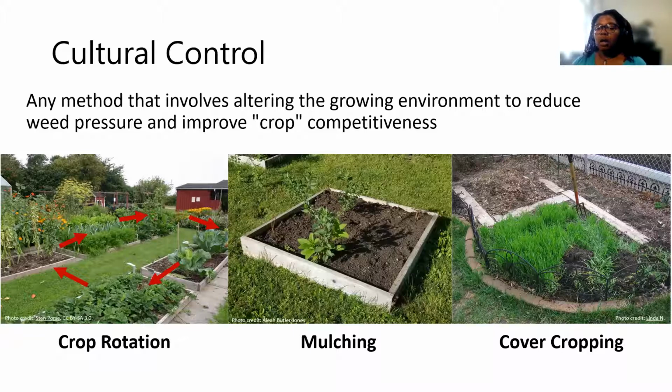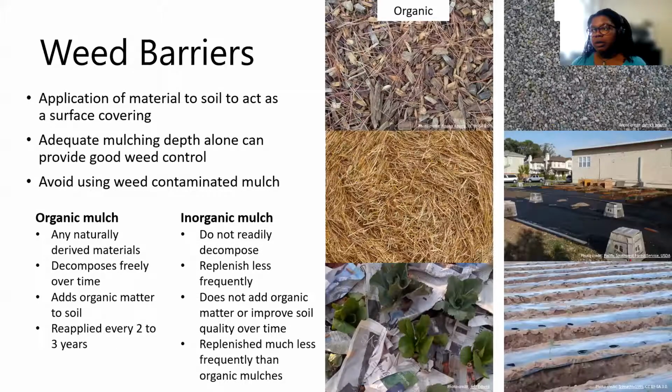Moving on, we're going to talk about weed barriers. Also called mulching, but I say weed barriers because not everything is a mulch if you're putting down plastic. Some people might not consider plastic a mulch. So weed barriers, or mulching, is the application of material to the soil to act as a surface covering.